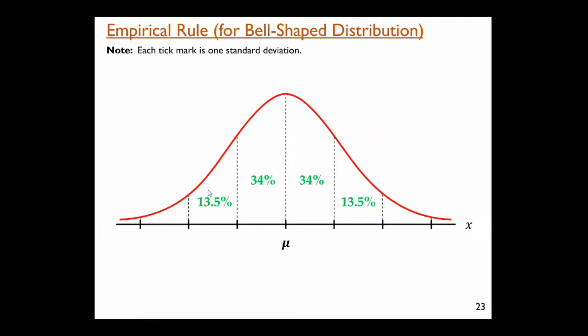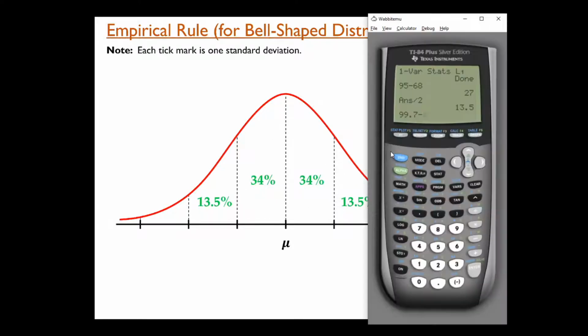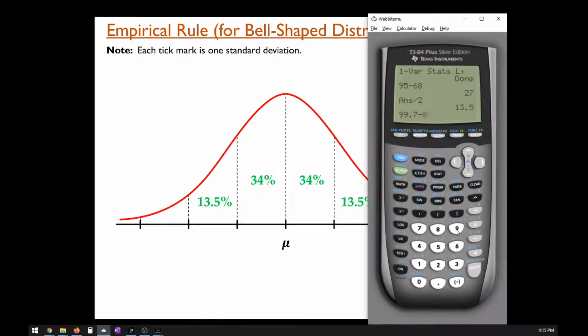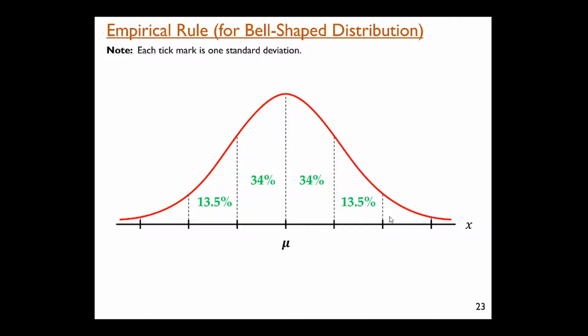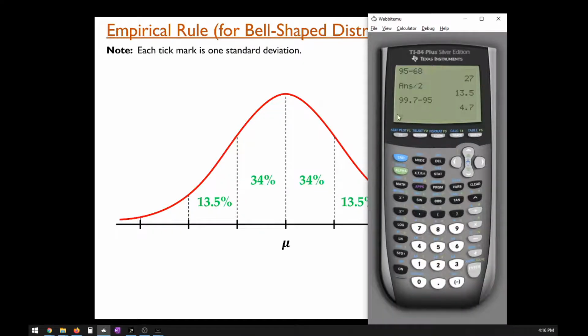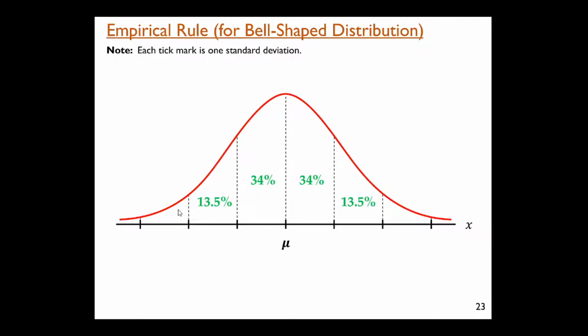From here to here, this whole thing is 95%. So we subtract 95%, and that tells us that this part and this part together are 4.7. Likewise, we can divide it by 2 to figure out how much each of these is, and it happens to be 2.35%.